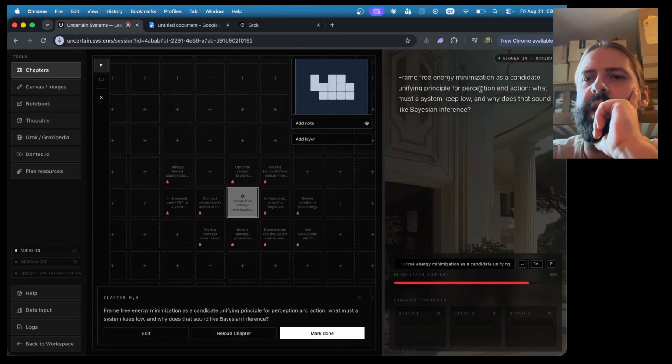Okay, so it's a candidate. How do we phrase these? How do we break this down? So we need to frame free energy minimization as a candidate unifying principle of perception and action.